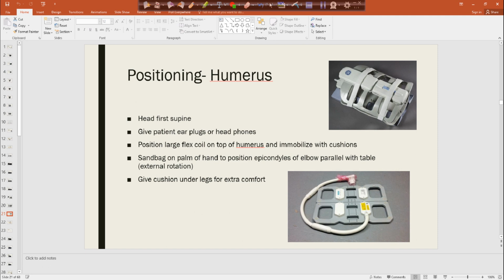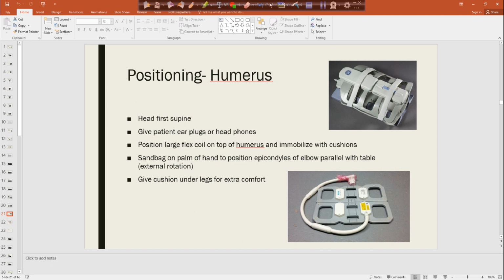So we're basically going to be using the large abdomen flex coil for humerus. We want to have the patient with their arm down, just like an x-ray. With MRI, it's the same thing. For a wrist, we want it to almost be supinated, or if it has to be pronated due to the patient's pain, we can do it that way. But elbows, we almost want them to be nice and AP.